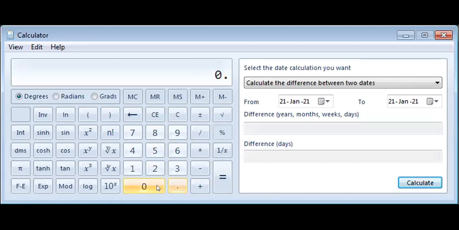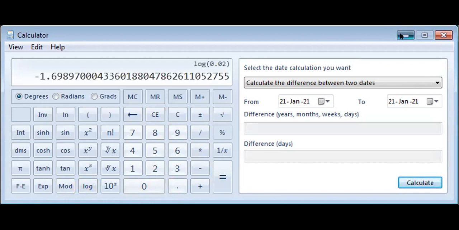This is 0.02, taking the log, that will be equal to minus 1.69.